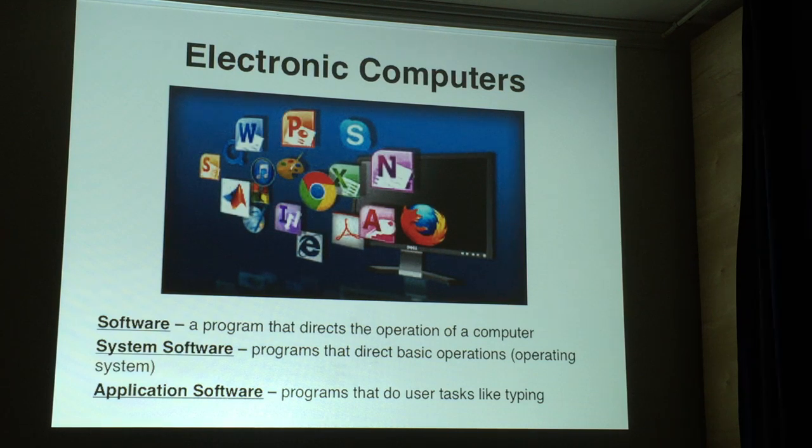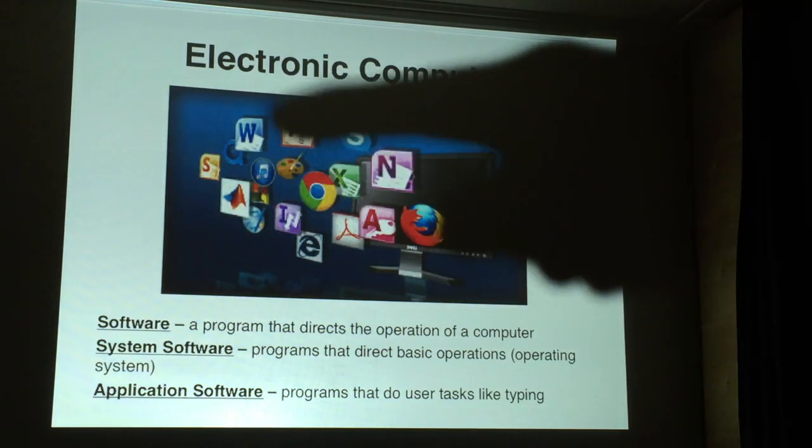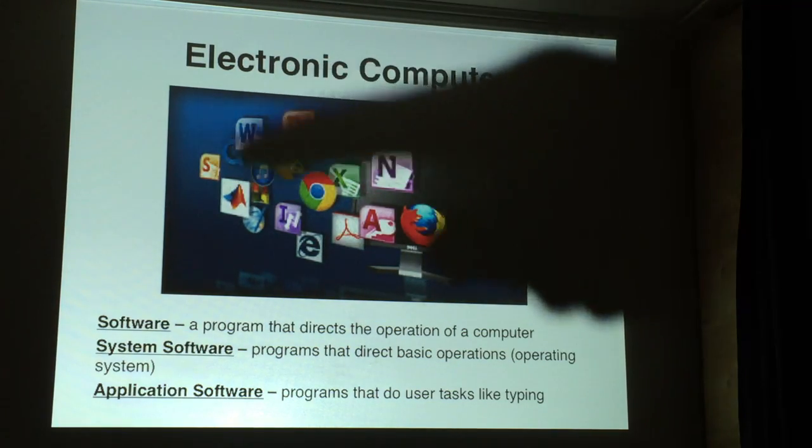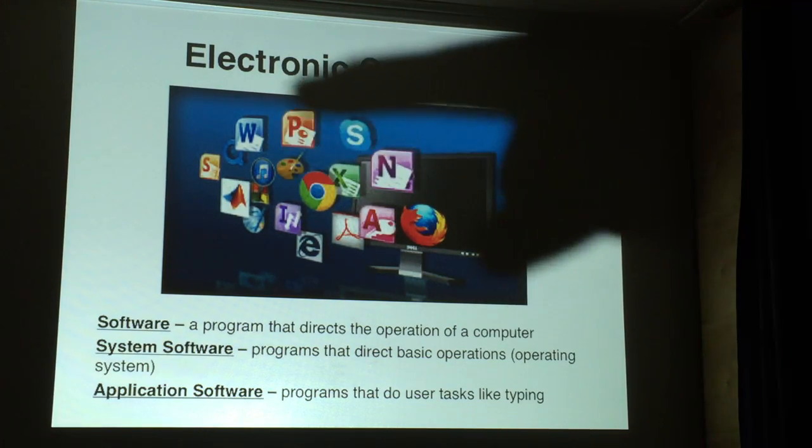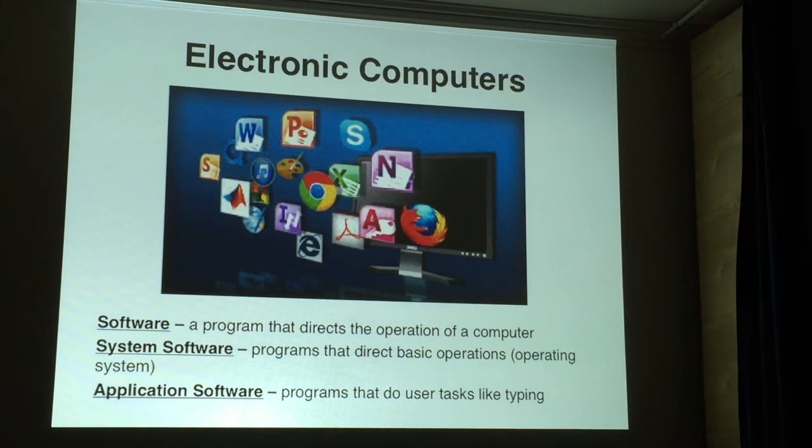Now the symbols you see up here represent mostly or all user tasks or application software. So you have the Word software, this W here, that's a word processing program. The P, which stands for PowerPoint, which is a presentation software.